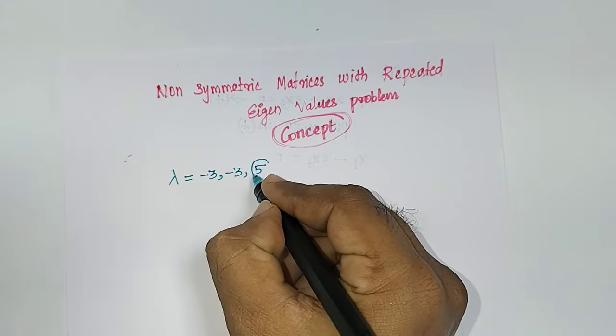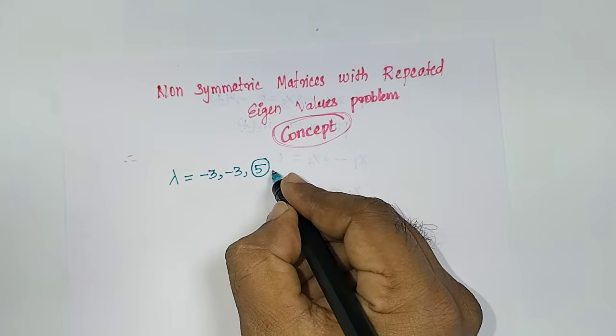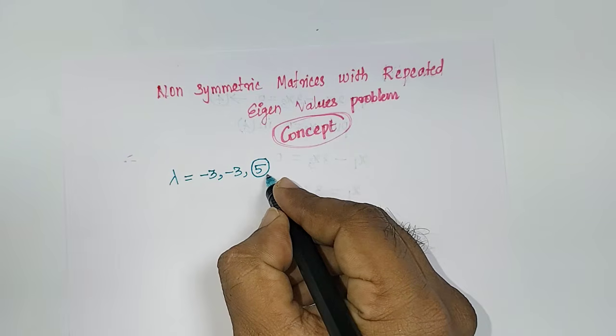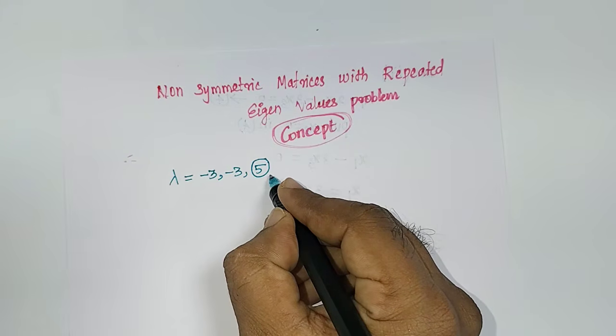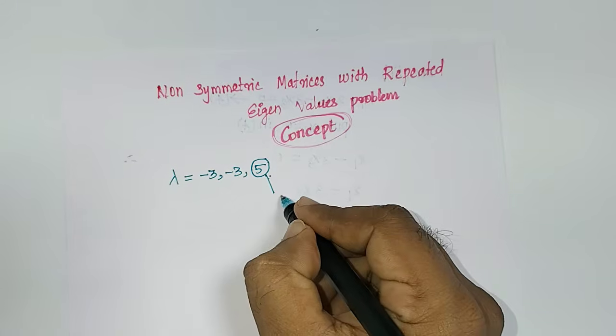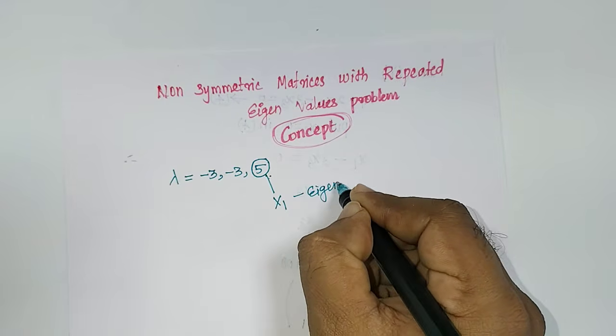First, always take the non-repeated eigenvalue. When we substitute the non-repeated eigenvalue in the system of equations, you will get three equations. If the three equations are different, we can apply the cross rule method, and you will get the eigenvector x1.